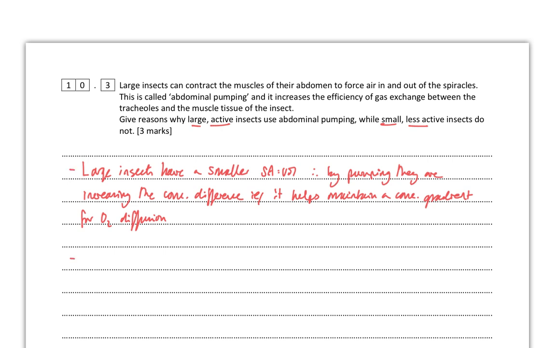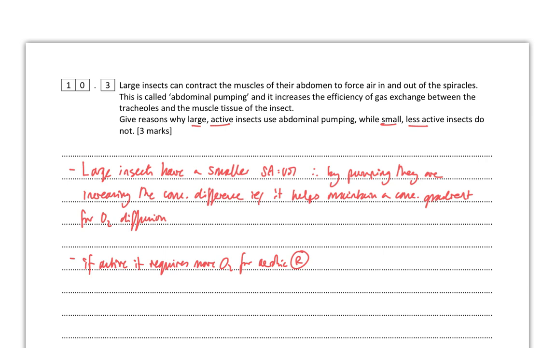Active, so yeah, if active, it requires more oxygen for aerobic respiration. And then it's the same answer again, really. So let's see how I've done. So large insects have a higher metabolic rate, rate of respiration, so higher demand for oxygen.